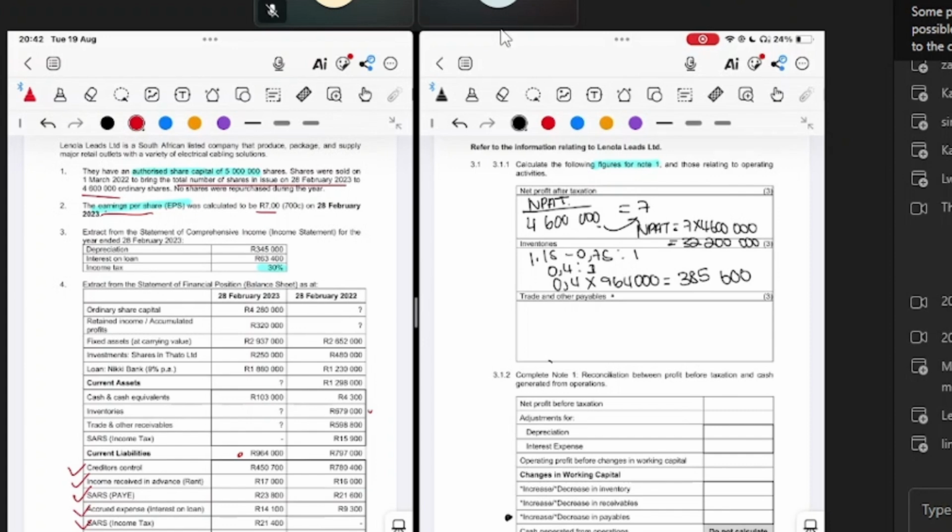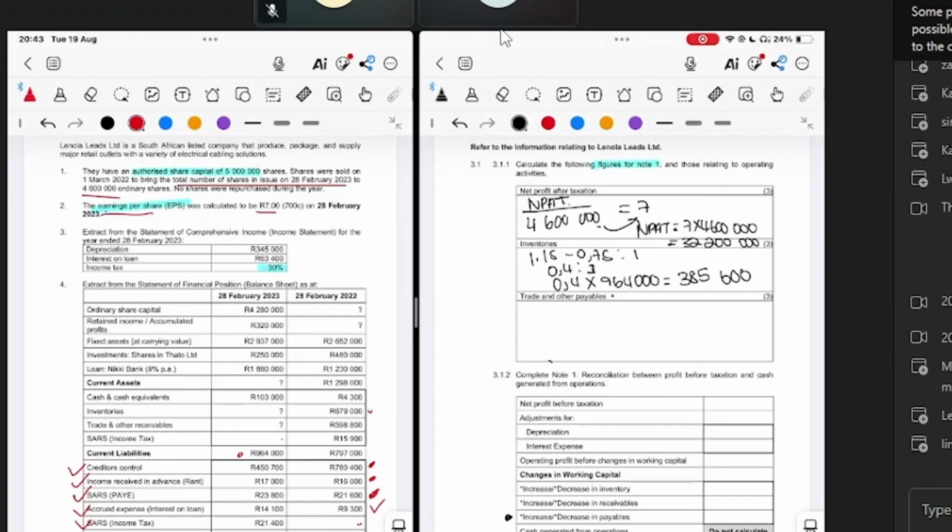Okay, so if we look at last year we're starting off with 780,400, and then we have 16,000, which is our income received in advance, and then we have the 21,600, which is our SARS payee. Then we don't have SARS income tax in this case, so we will not be including it, but we do have an accrued expense, and shareholders for dividends is not part of it.